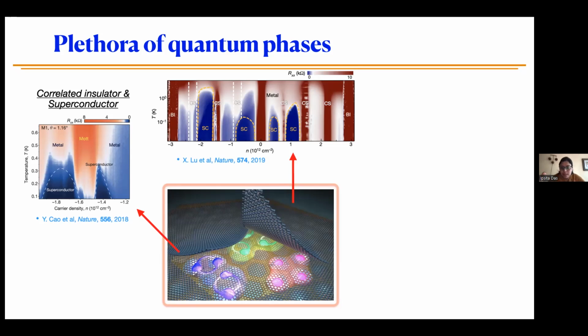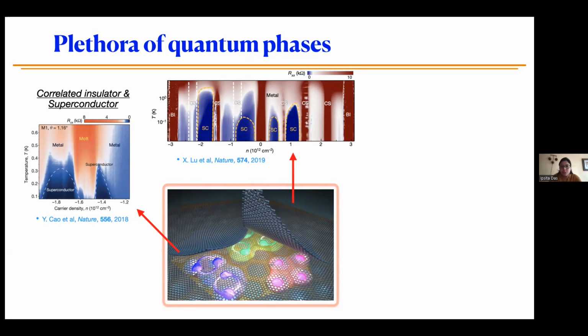The dark red regions correspond to very high resistance states, and the dark blue regions correspond to very low or sometimes zero resistance states. So as you tune the carrier density you go from different highly resistive states to sometimes even a superconductor, because all these measurements were done close to 35 millikelvin, so they could actually see the superconductor at this temperature.